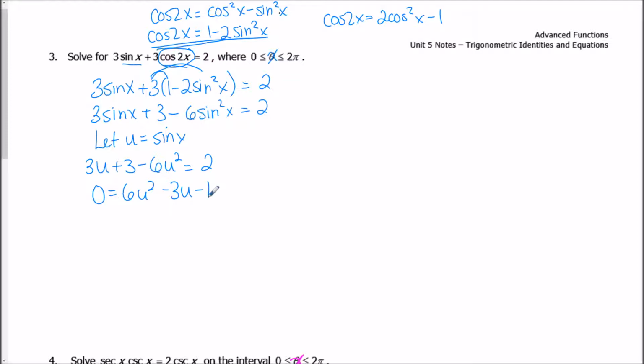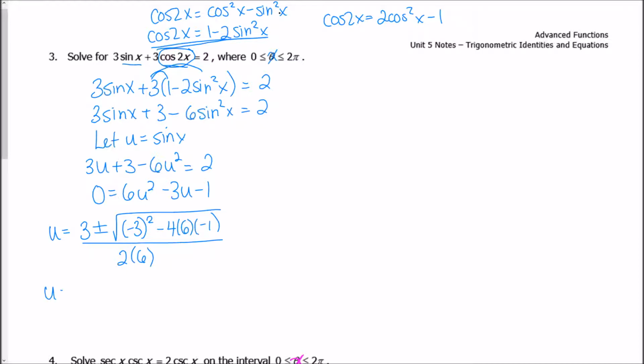Looking at this, I can see this is not factorable. So I'm going to use the quadratic formula to solve for u. I'm going to say negative b, which is positive 3, plus or minus the square root of negative b squared. Please do not forget to put that negative 3 in brackets, minus 4 times a times c, all over 2 times a.